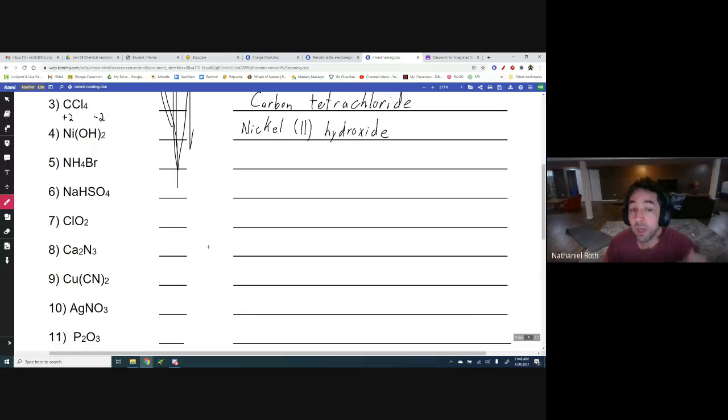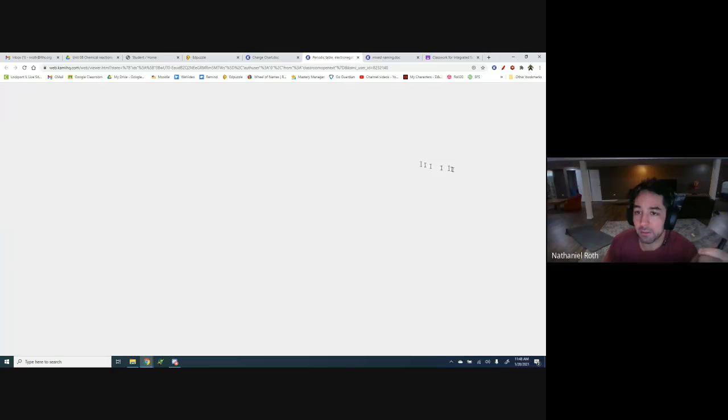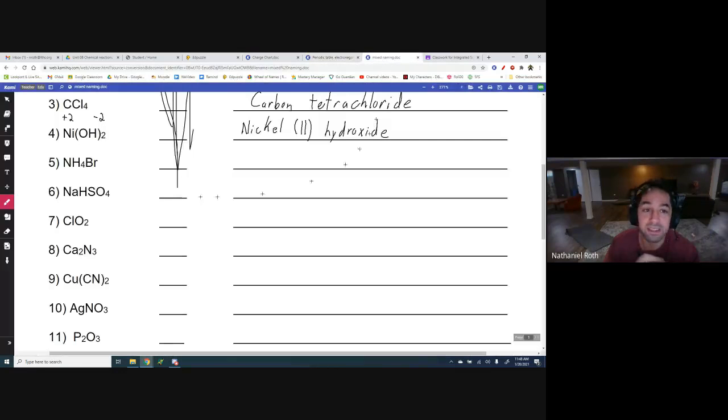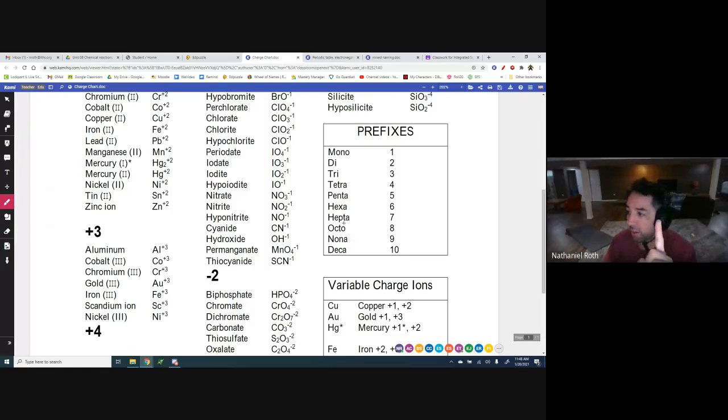We still have to name it appropriately, just like all the other stuff. So our first step is to identify ionic or covalent. Cl, we've identified that already. So that's chlorine. That is a nonmetal. It's right here. So that means this is a covalent compound. So we look at our charge chart, look at our prefixes. There is one chlorine, which is mono, but since it's at the beginning, we drop the mono.